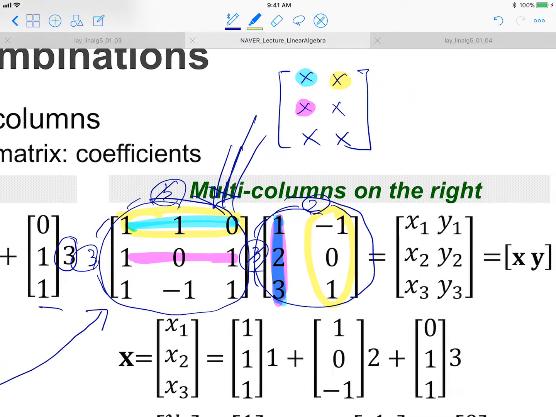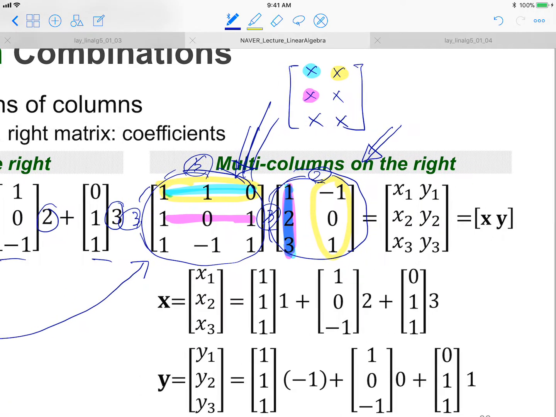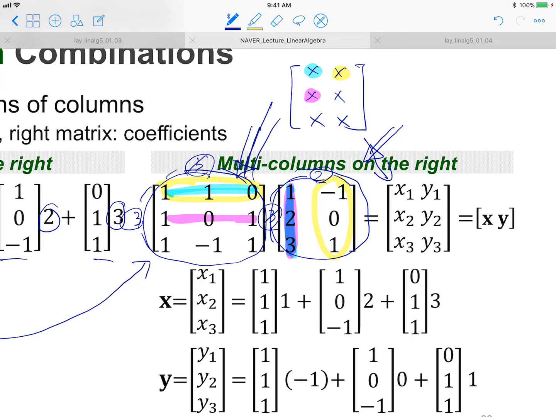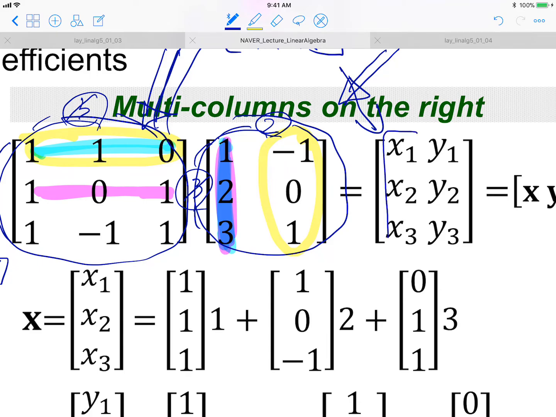So this is what we already know, but we can also understand this matrix multiplication in terms of the linear combinations of the columns that we just studied. So this is the resulting matrix in terms of size, and let's first look at the first column in the resulting matrix.